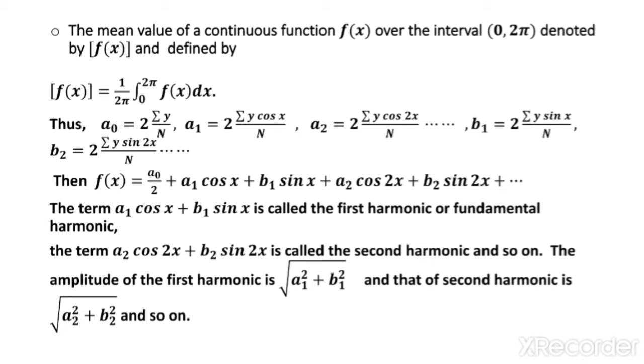So you will get problems for 0 to 2l. For 0 to 2l problems, you have to equate the length with 2l, and for 0 to 2π problems, you will be taking the values as given in the table of x and y values.